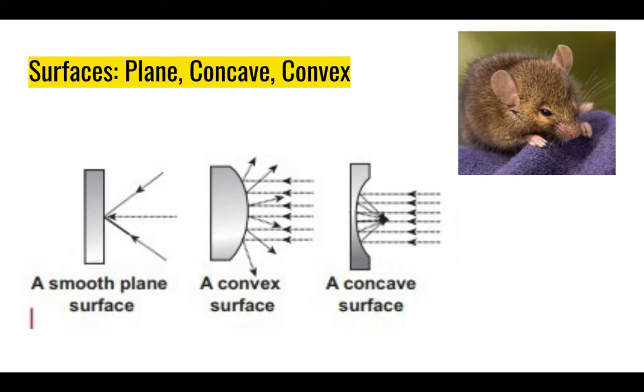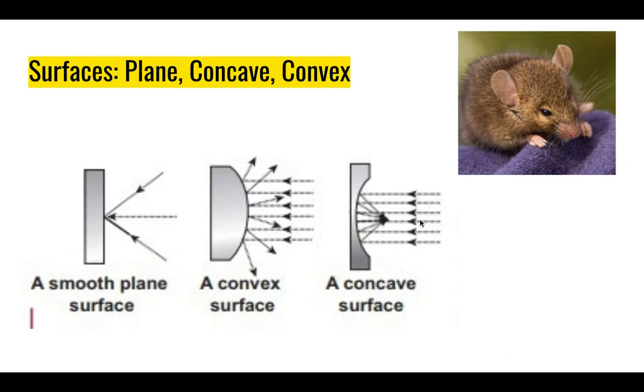And as people are backing out of their driveway, they can see a bigger area because the reflection spreads out the information instead of condensing it. So that is one of the uses of a convex surface, spreading out that information.